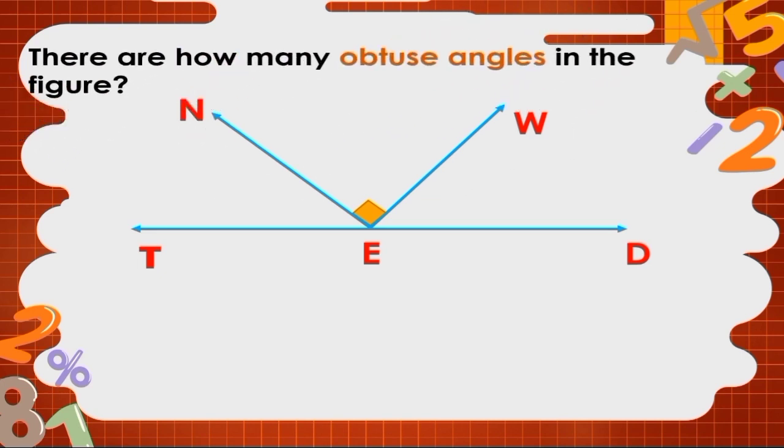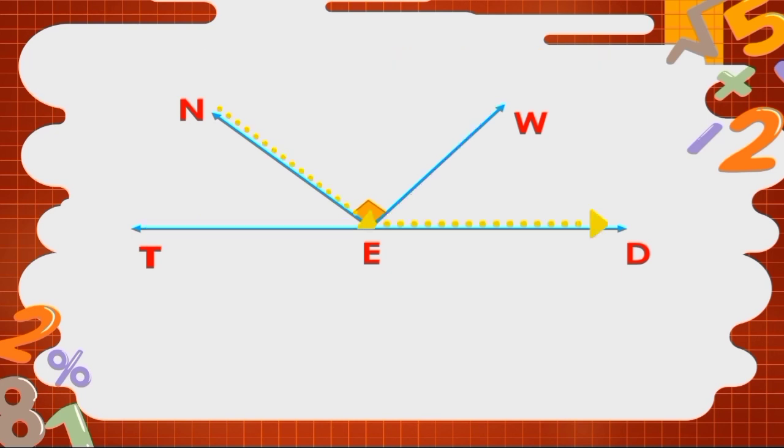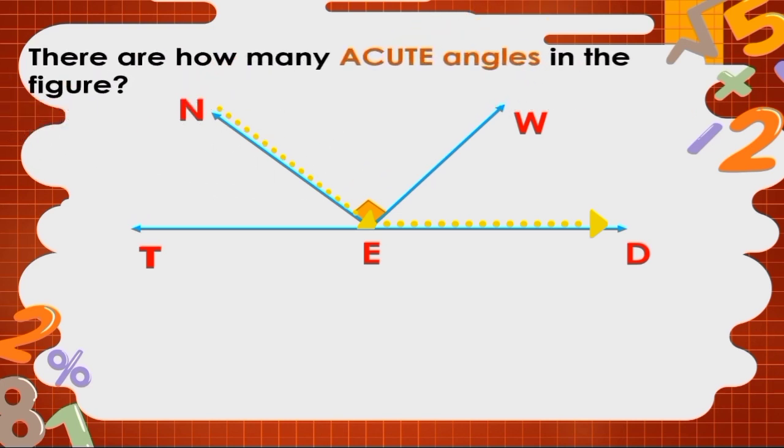Next question. There are how many obtuse angles in the figure? Correct. There are two obtuse angles, and those two obtuse angles can be named as angle TEW and angle NED. So, pwede natin silang basahing vice versa.